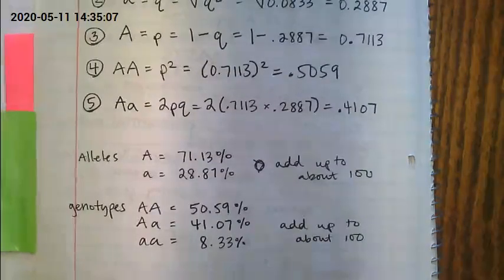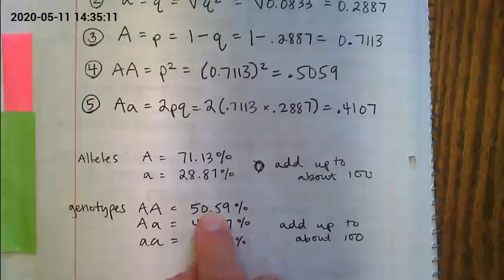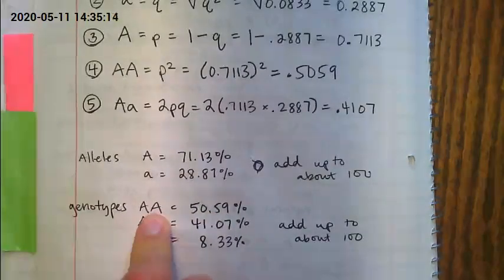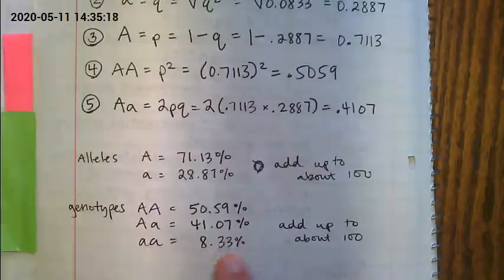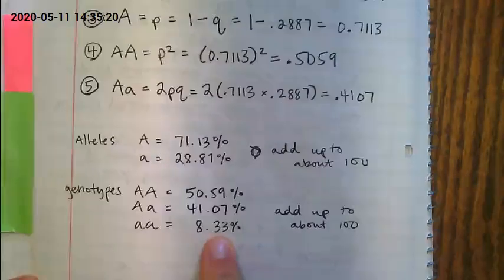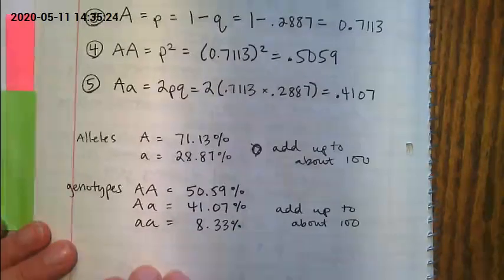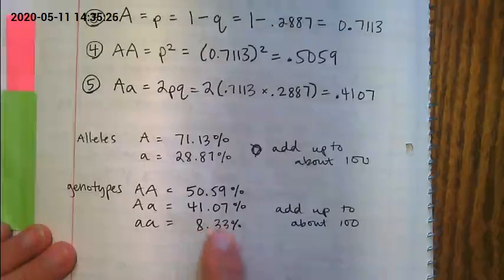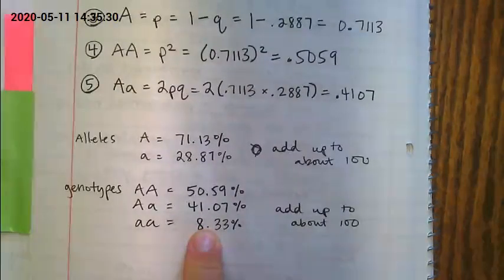Right now it should be 50% of the population is homozygous dominant, 41% is heterozygous, and only 8% has the disorder. But maybe in 50 years, these numbers shift a little bit, and this is now 4%. So what would that indicate to us?